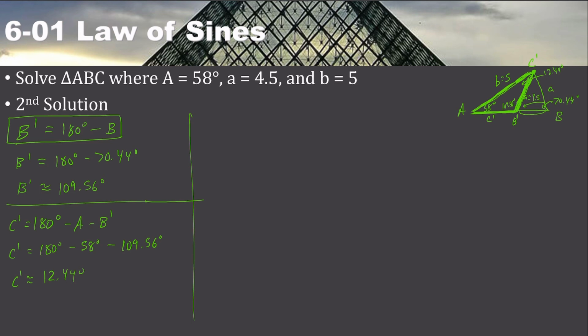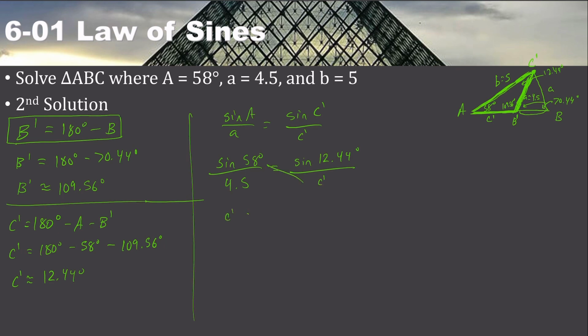So for side c, I know angle A and side a, and I now know angle C. So I can say sine A over a equals sine C over c, and the primes because it's the second triangle. A is 58 degrees, side a is 4.5. Angle C prime was about 12.44, and we're looking for side c.